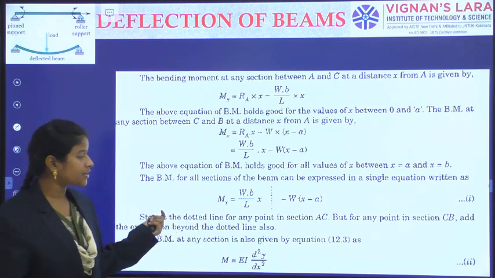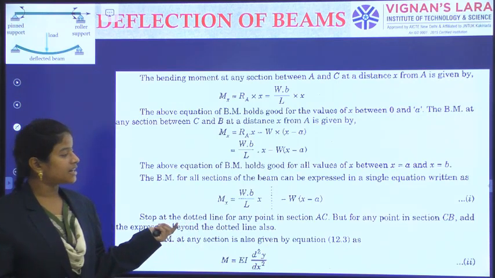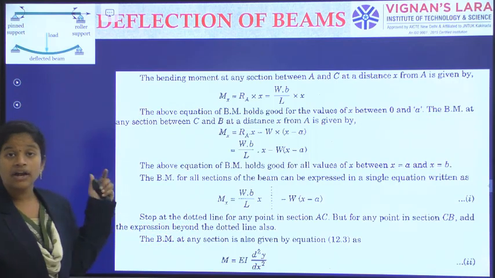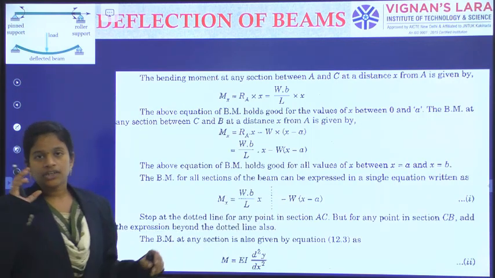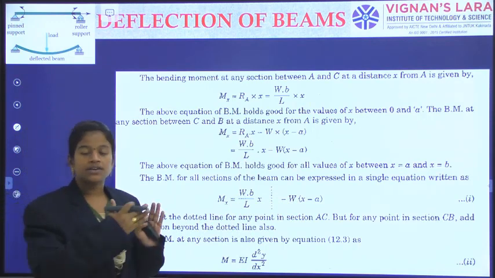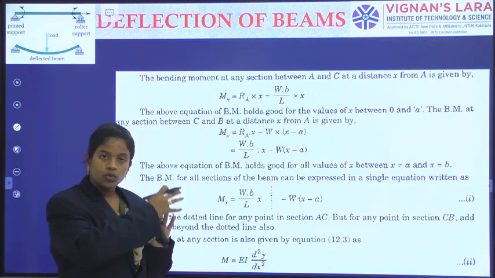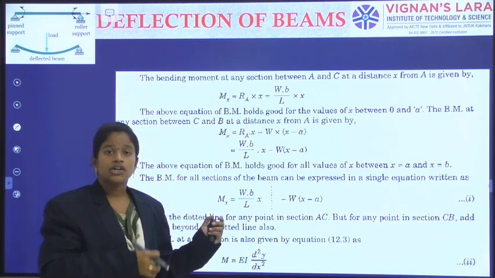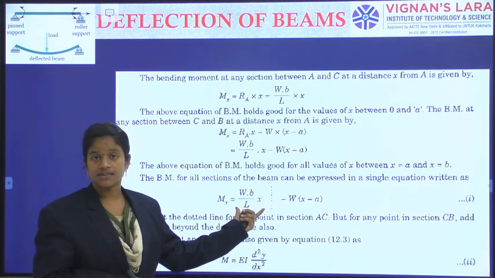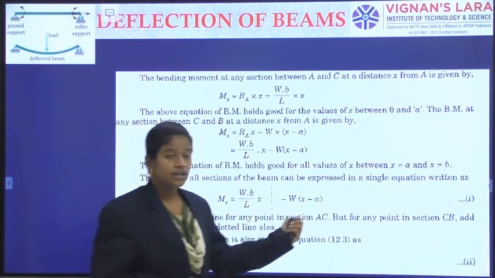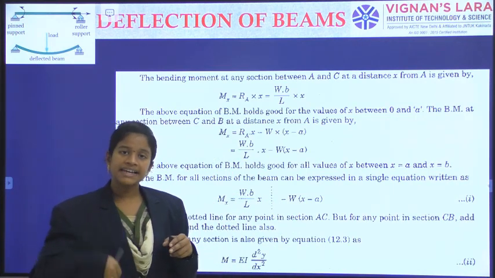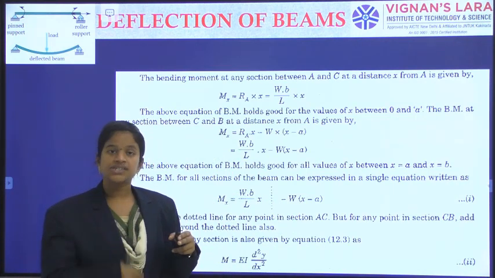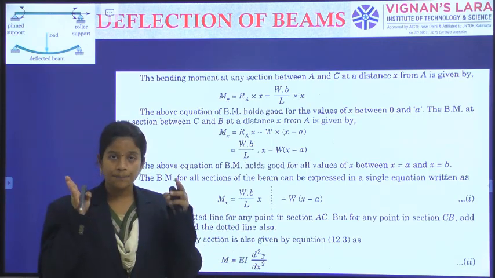At any section, for any point in the section, we can implement this at a time. When you want to calculate any bending moment from A to C, you should observe only up to the first dotted line.